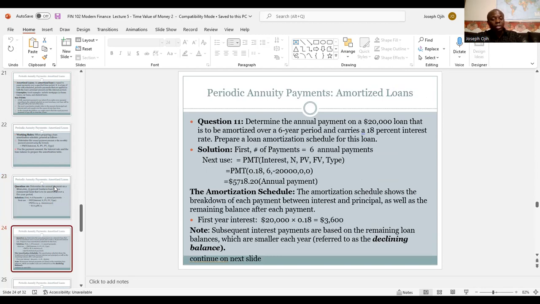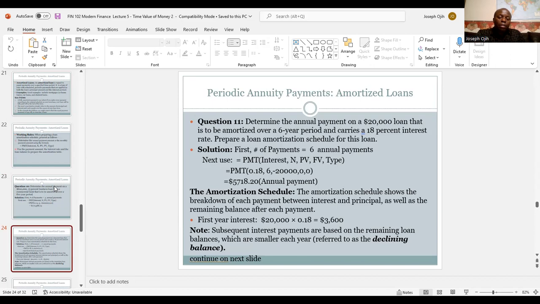Remember that the amortization schedule shows the breakdown of each payment between the interest and principal, as well as the remaining balance after each payment. So this remaining balance, we call it declining balance, because as you make the payment it is declining or decreasing. And look at the first example.